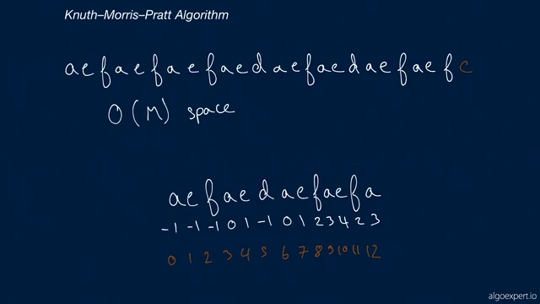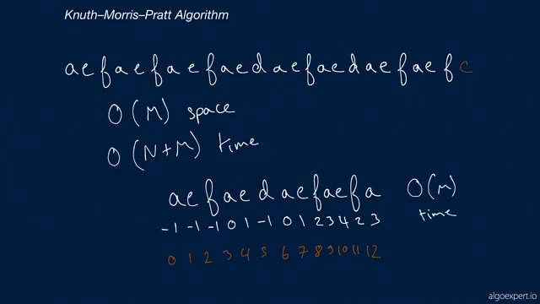Now, in terms of the time complexity, it's going to be O of N plus M time. We said this at the beginning, right? Where M is the length of the input potential substring, and N is the length of the main string. Now, why is it O of N plus M? Well, the first part of the algorithm, where we build the pattern, is going to take O of M time.